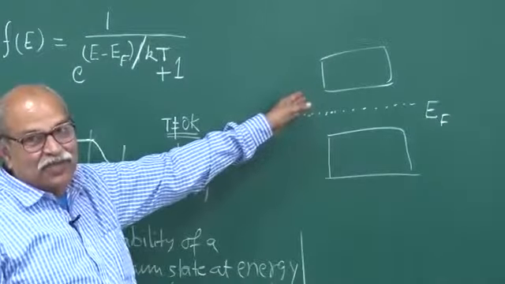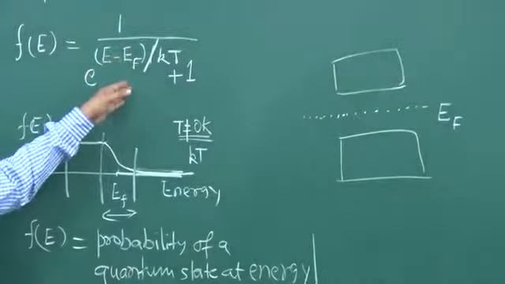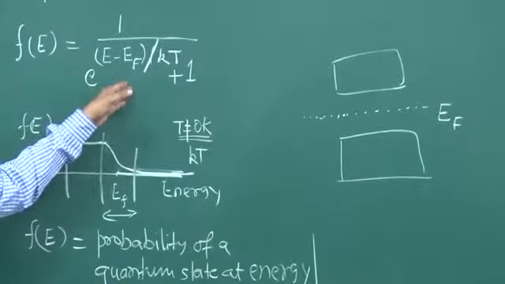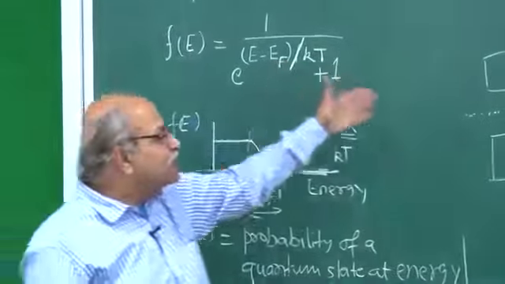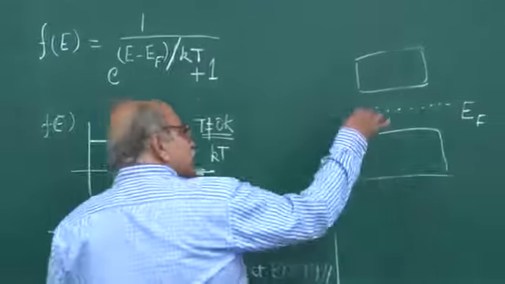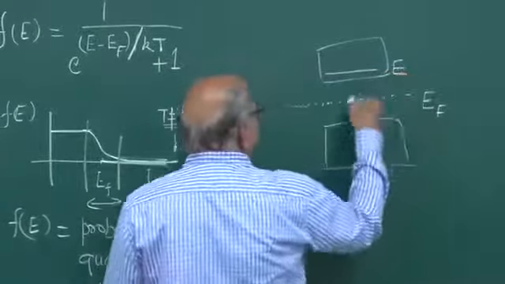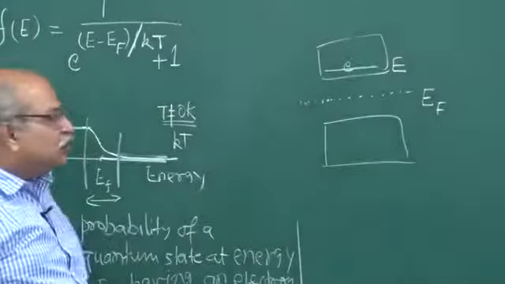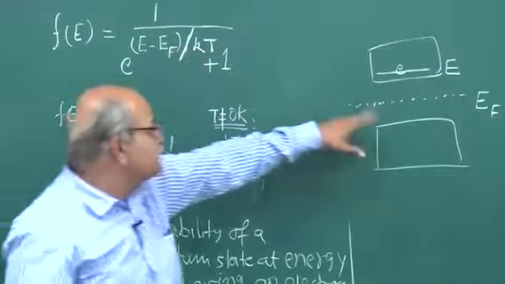So although the probability at E equal to EF is 1 by 2, there is no quantum state there, so that question is out. But you have to measure from here. If there is a quantum state here at energy E, what is the probability that it will have an electron? You have to calculate that probability using this EF, and that EF is here.